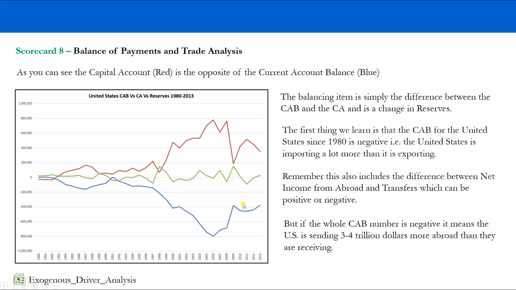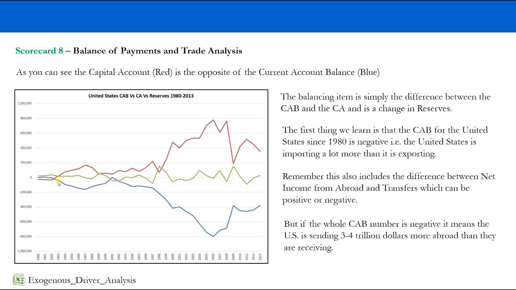It's got better, but it's still overall negative. So we're looking at a minus $3 to $4 trillion value that's negative. So negative $3 to $4 trillion is going out relative to what's coming in, going out to pay for imports versus what's coming in from US exports going abroad.